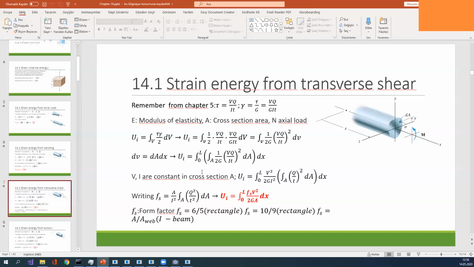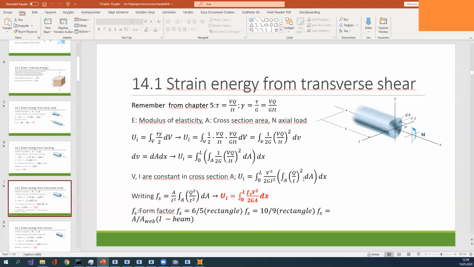Also, similarly, V is the shear force and the moment of inertia is constant in the same cross section. Therefore, I can move the first integration term out of integration. So V squared over GI squared times, in area integration, Q divided by T squared dA.